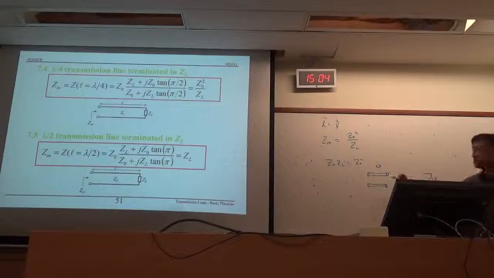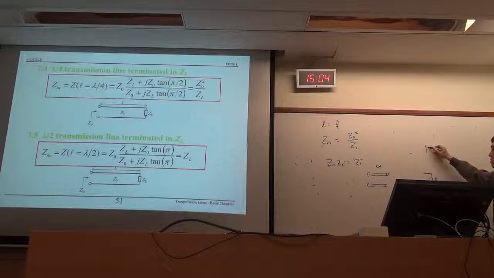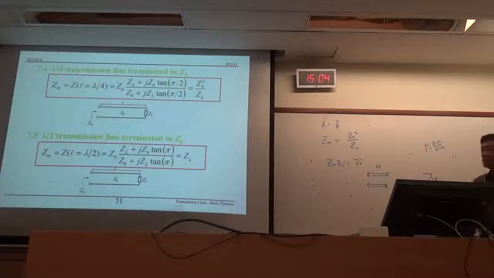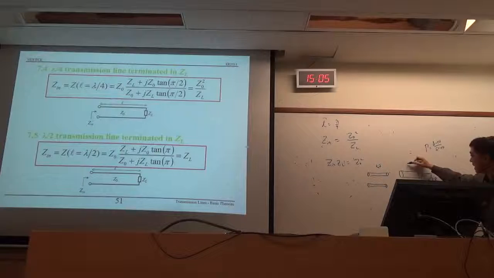If I connect this directly, there will be a reflection coefficient of 8 minus 50 over 8 plus 50. So how am I going to make sure that there are no reflections? I can connect another transmission line, with length equal to lambda by 4.